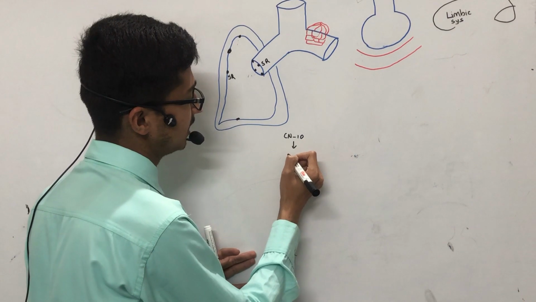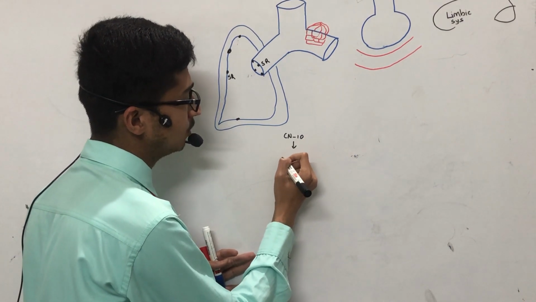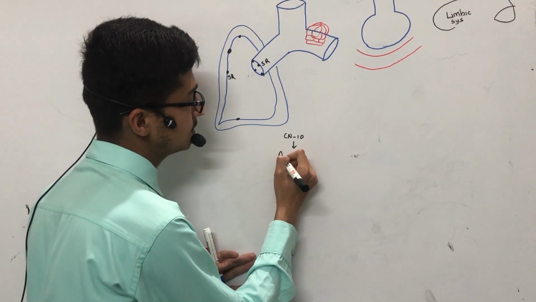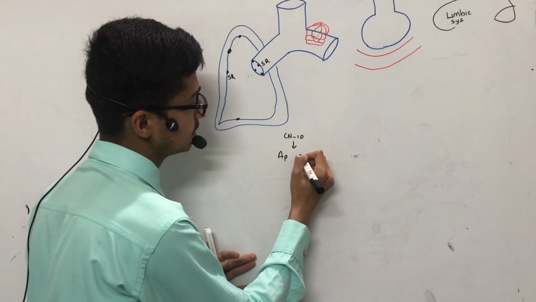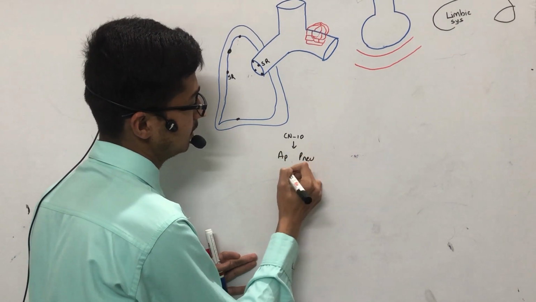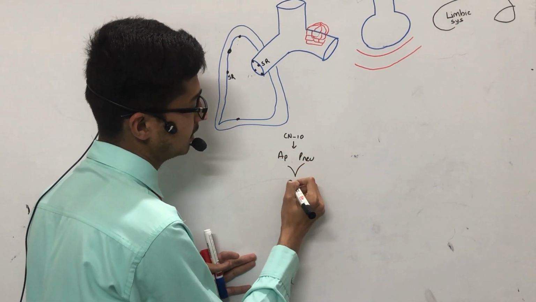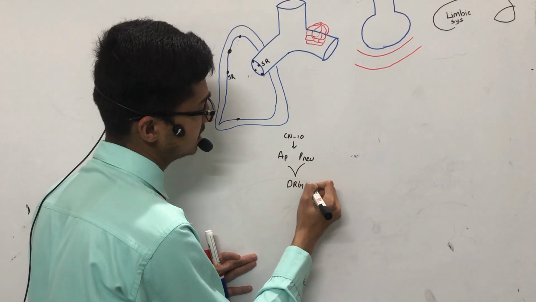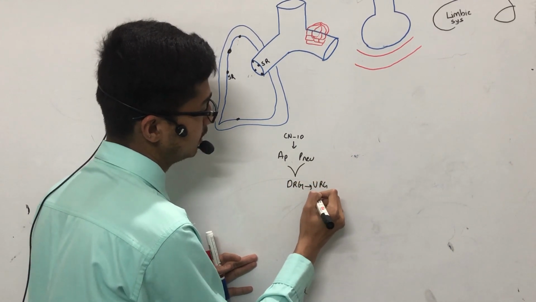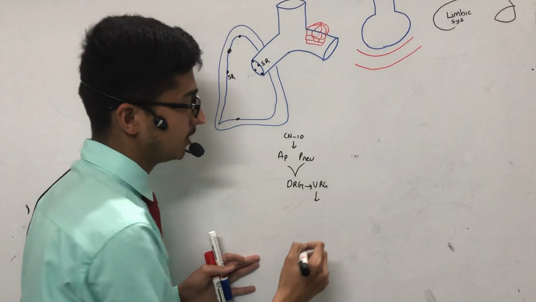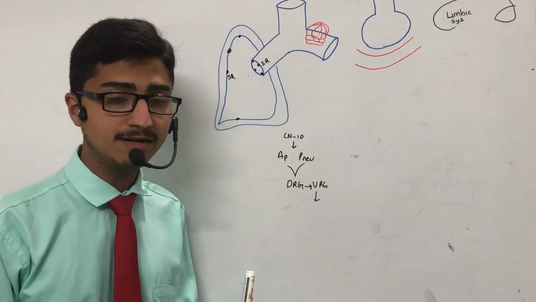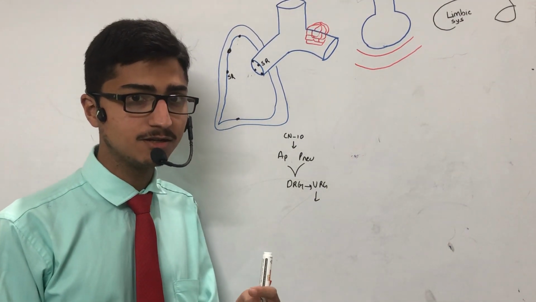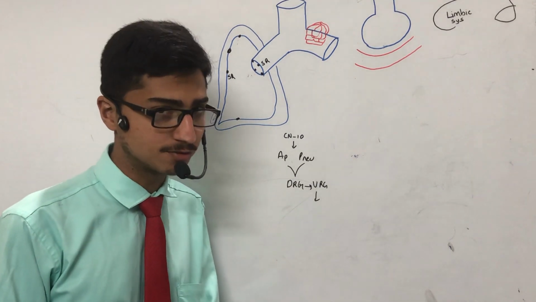What will cranial nerve number 10 do? It will directly go to the apneustic center as well as the pneumotaxic center. They will together activate our DRG. Our DRG will activate VRG. We know that VRG consists of inspiratory neurons as well as expiratory neurons.